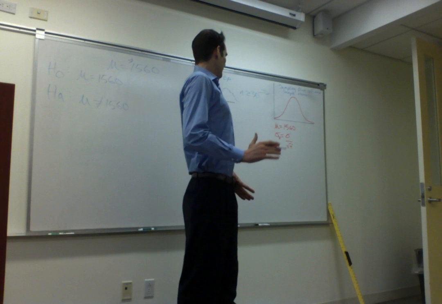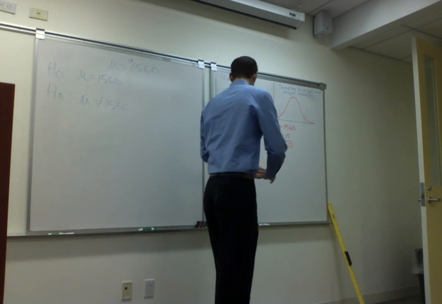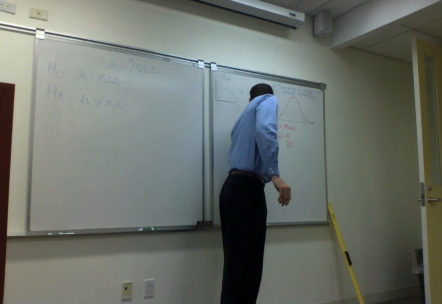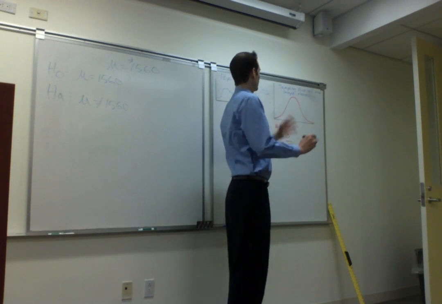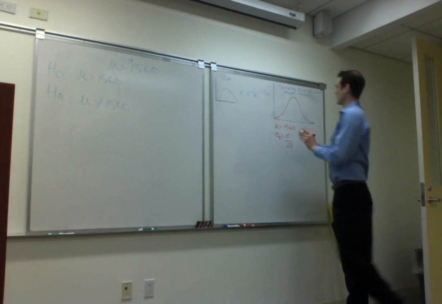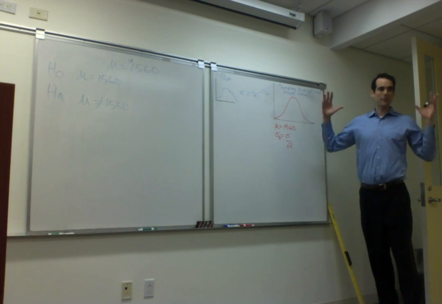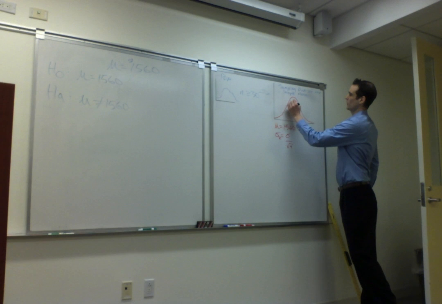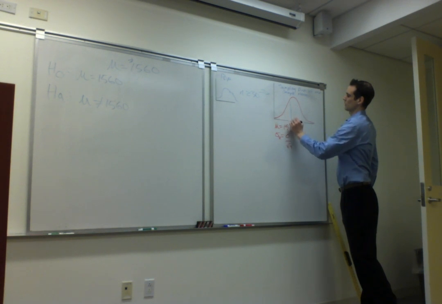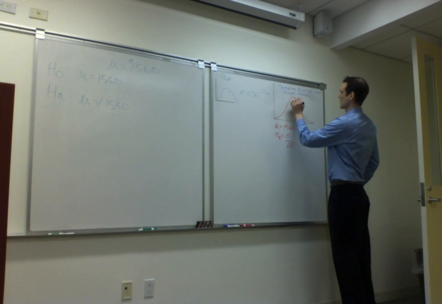So, given that we know those things about it, we understand that there's going to be a way this breaks down in terms of number of standard deviations that the data might fall on either side of the mean. Like, what do we know about how much data will fall plus or minus 1 standard deviation from the mean? 68.3%.